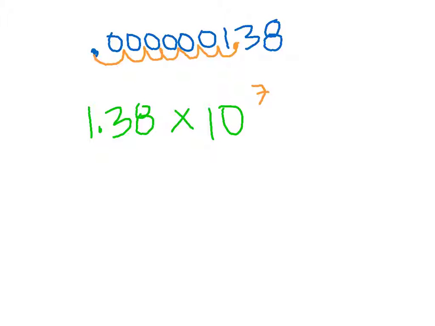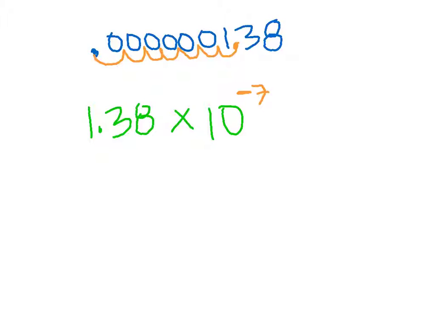That's not what's happening. We're starting here and we're going to the left. Since we're moving the decimal to the left, we say -7. In fact, anytime you see a negative exponent up here, it means the decimal spot has been moved to the left that many times, 7 times, and we've got a very, very small number in our hands.